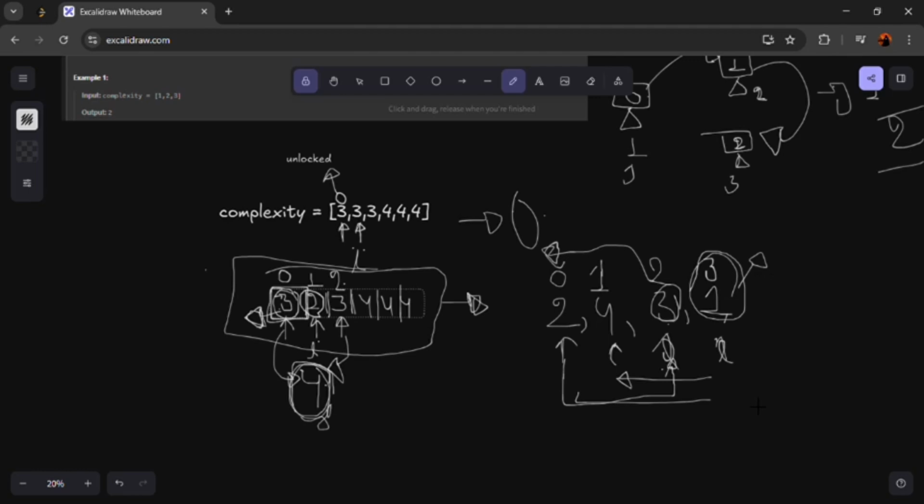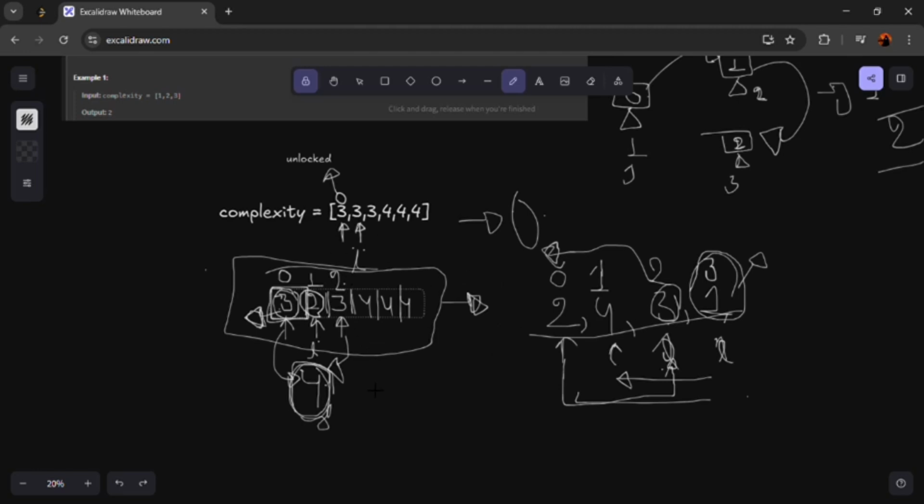Okay, so this is the idea that in the complexity array, the minimum value must lie on the zeroth index, then only we can find the total number of permutations.